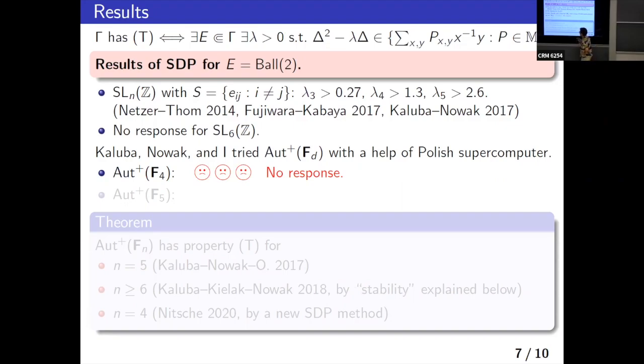because we believe that you need to take a ball of radius more than 2. If you look at the value of Kazhdan's constant on the ball of radius 2, in this case 3 it's much worse than 4 and 5. This value improves if you work on the ball of radius 3.